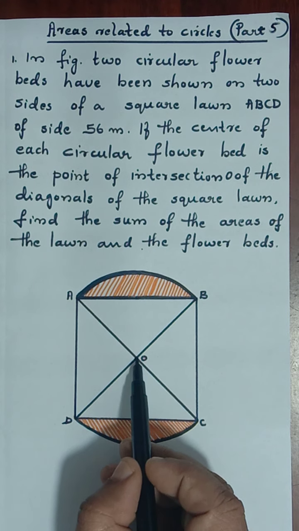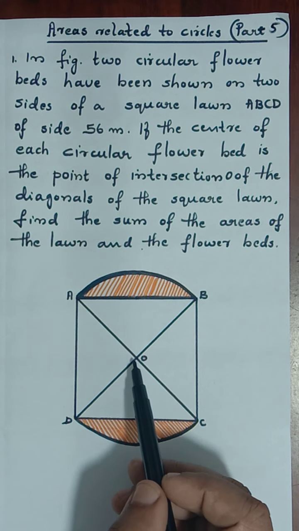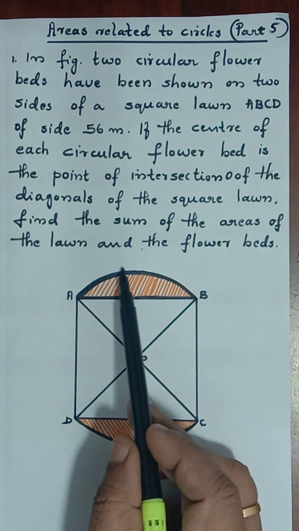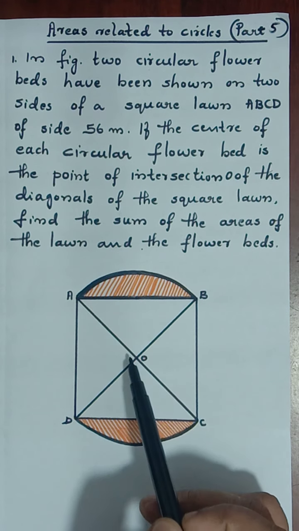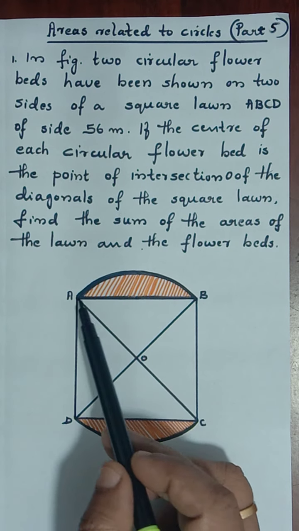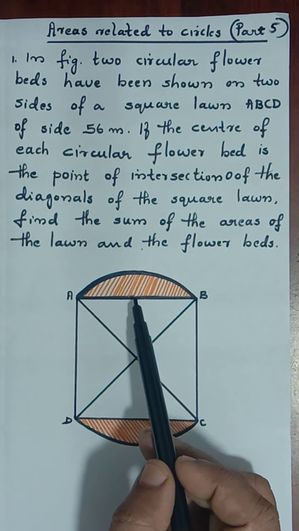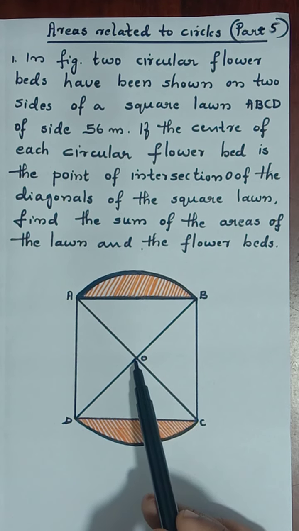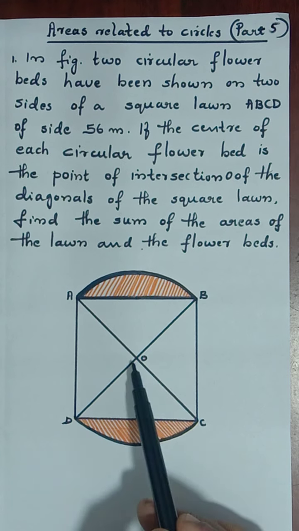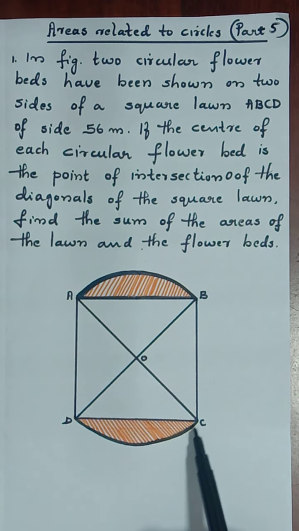The point of intersection is O. That means OA or OB is the radius of the circular flower bed. So with O as the center, when we draw the arc, we will get this segment. In the same way on this side also, OC and OD are the radii of the circular flower bed.